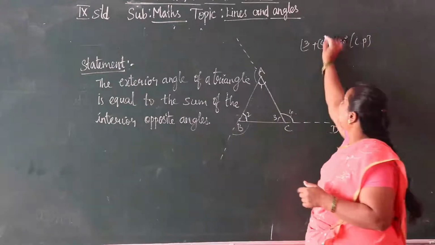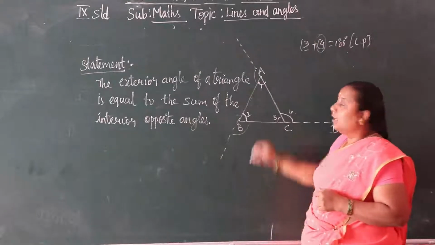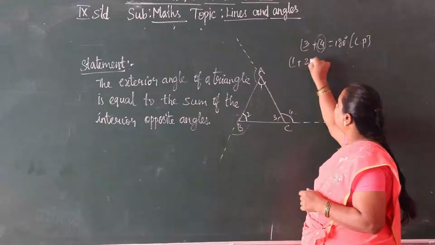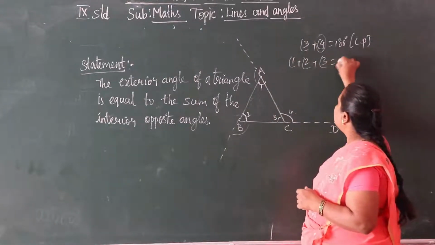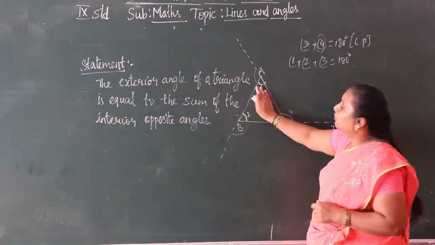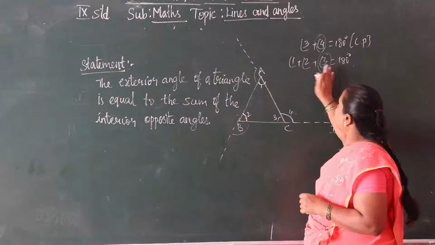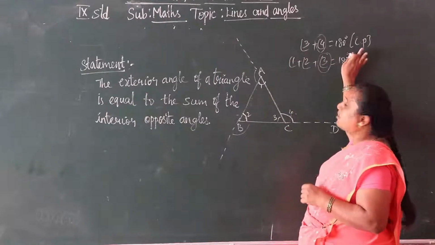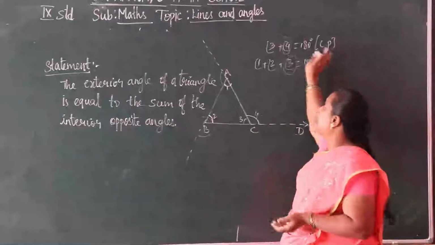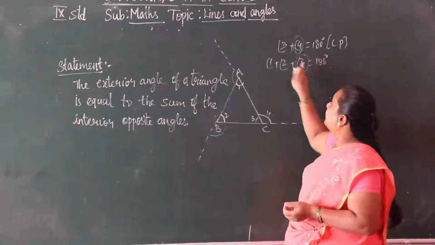And angle 1 plus angle 2 plus angle 3 equals 180 degrees by the angle sum property of a triangle. So angle 3 plus angle 1 plus angle 2 equals 180 degrees. We are substituting this here, so angle 3 is the same.